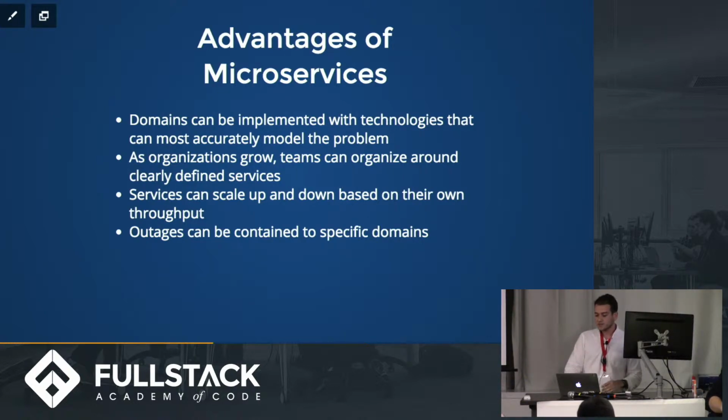So you can pick technology based on the domain. Two, as organizations grow, you can organize teams around a microservice and have them work in that silo and improve it at their own pace, as opposed to a behemoth monolith application. They can set their own pace because everything's separate from the rest of the system.